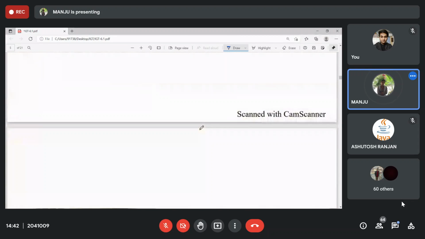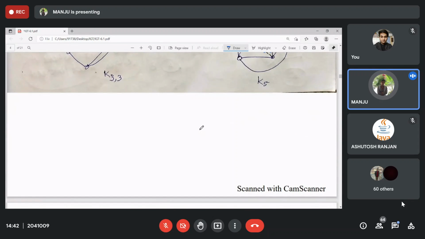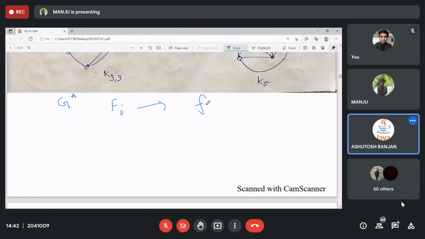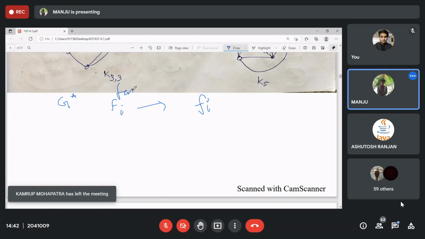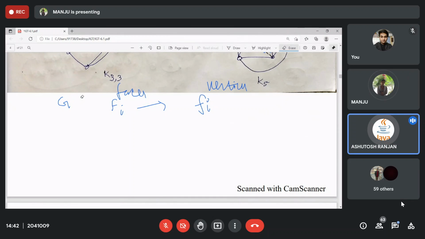Then dual graph. Have we defined dual graph? How do you find this? G star. Ma'am, in this faces become vertices. And if there is an edge between the faces, then there will be adjacency in the dual graph.